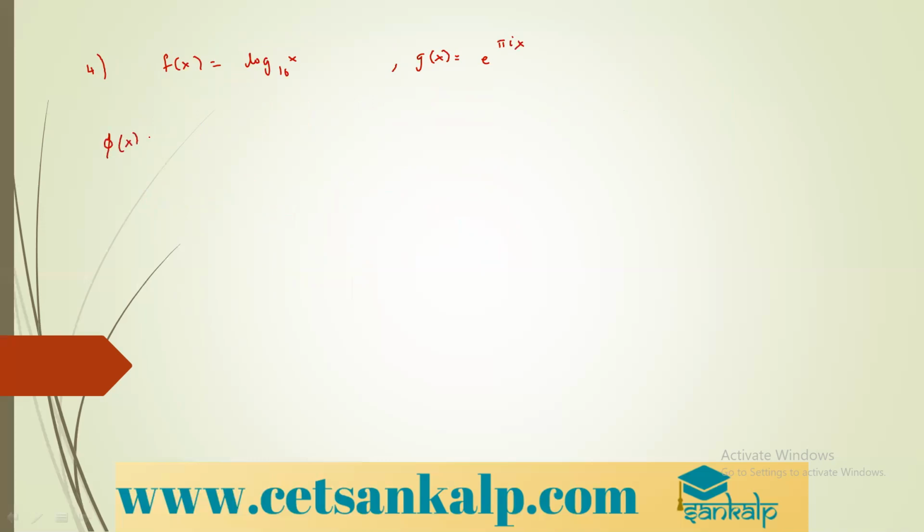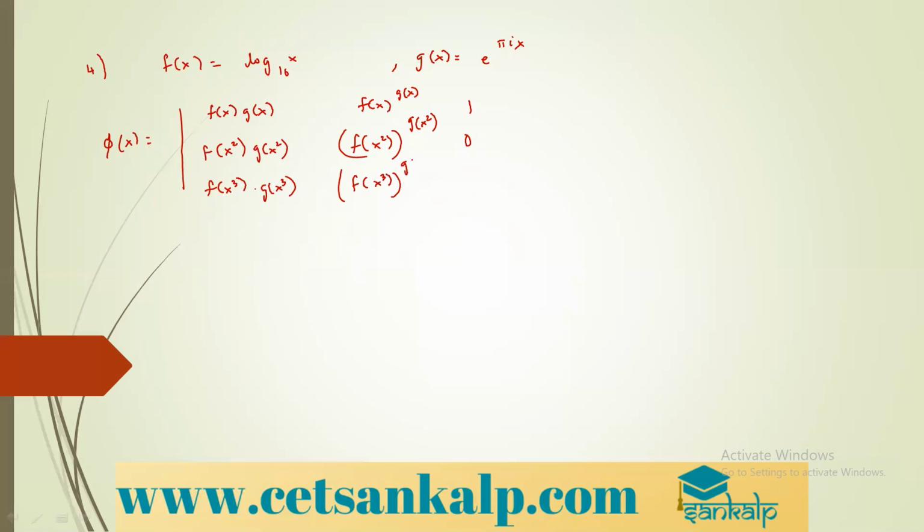So if phi of x is equal to the determinant of f of x into g of x, f of x power g of x, 1; f of x square into g of x square, f of x square power g of x square, 0; f of x cube into g of x cube, f of x cube power g of x cube, and 1. Then we have to find phi of 10. What is this phi of 10 equal to?